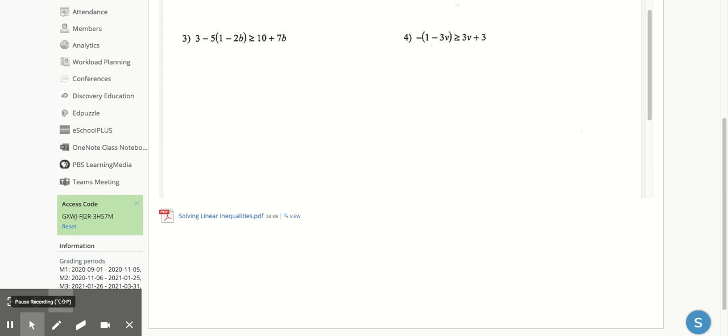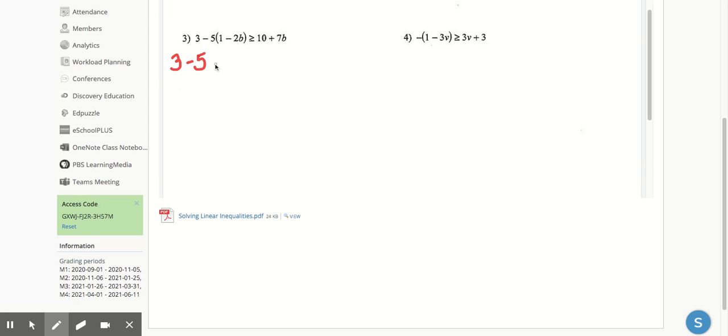So just like with solving equations, the inequalities can involve things like the distributive property that we're going to see here in questions 3 and 4. So in question 3, you're only going to distribute that negative 5. So 3, and then negative 5 times 1 is going to be minus 5.